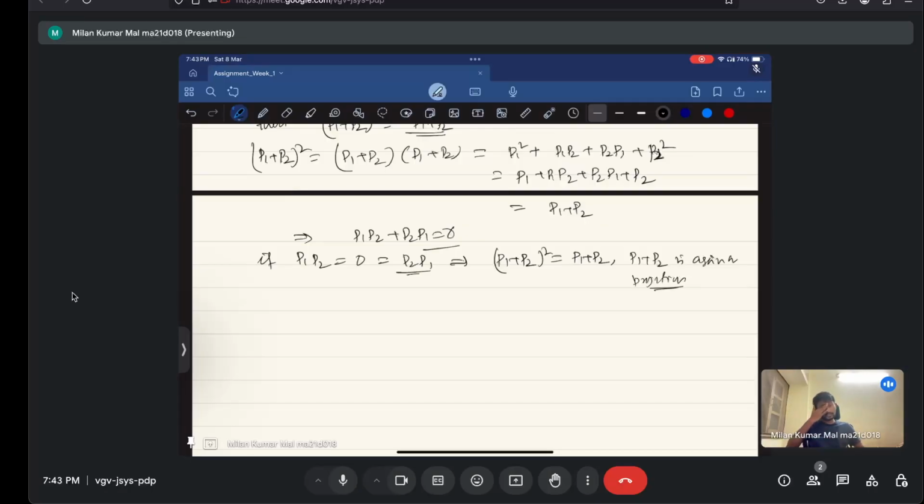If P1 P2 is 0, then it is a projection, that's true. But if P1 plus P2 is a projection, then can we show that P1 P2 equals 0 and P2 P1 equals 0? We can easily see that P1 P2 plus P2 P1 equals 0. If P1 P2 is not equal to 0, what can happen?